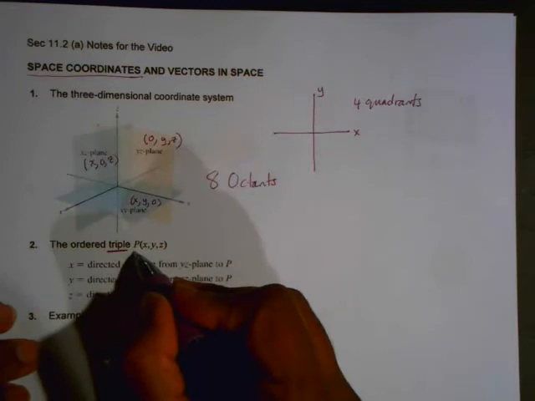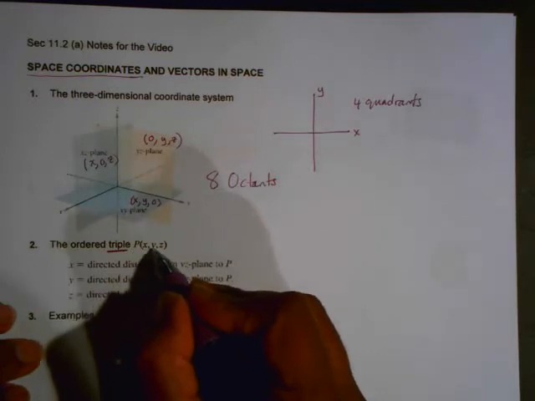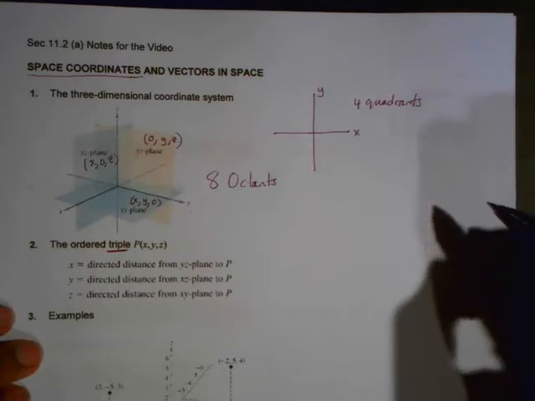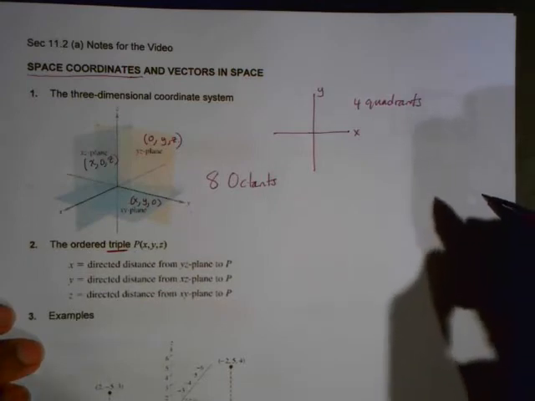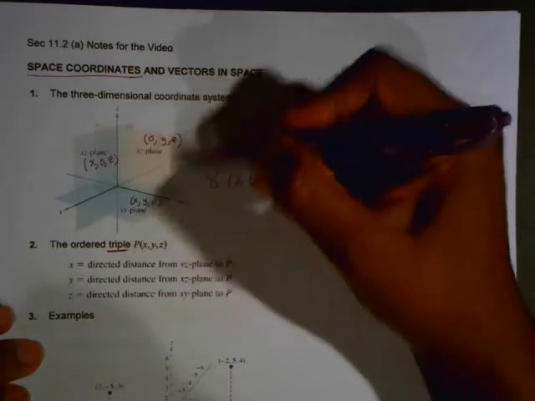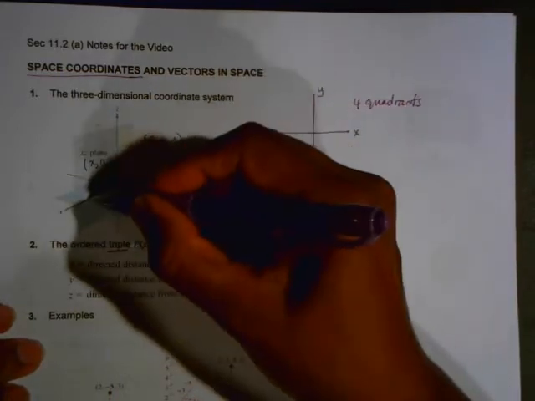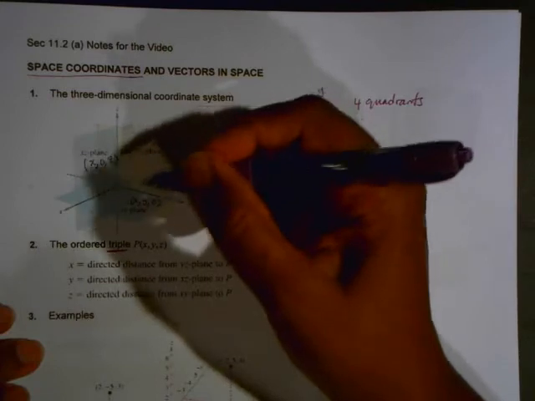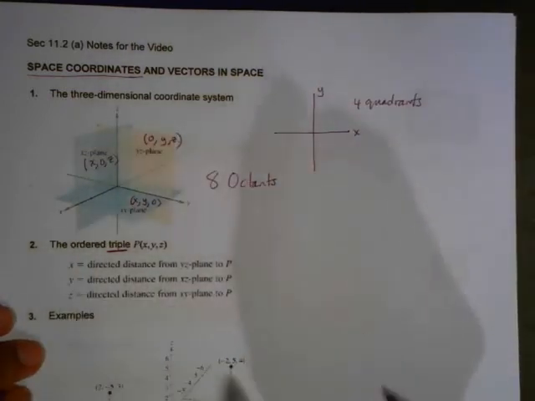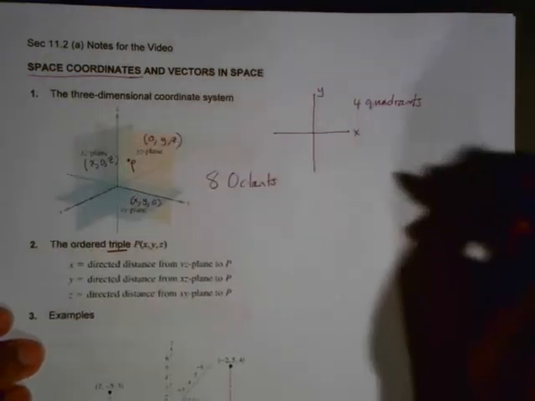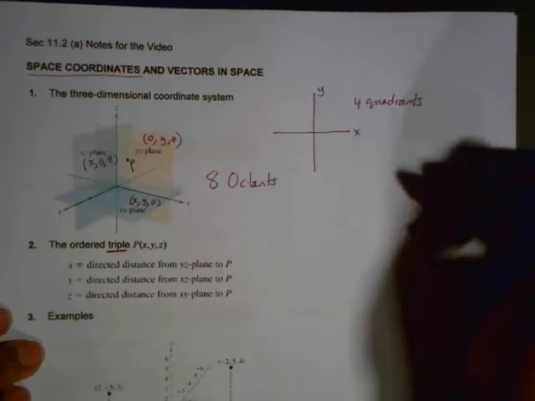So any point is represented as x, y, z, where x is the directed distance from the yz plane to the point P. So this is the yz plane, and the distance from that to the point P, wherever that is, and so on. So the y is the directed distance from the xz plane to that point. Okay, if the point is somewhere here, let's say z is the distance from the xy plane.